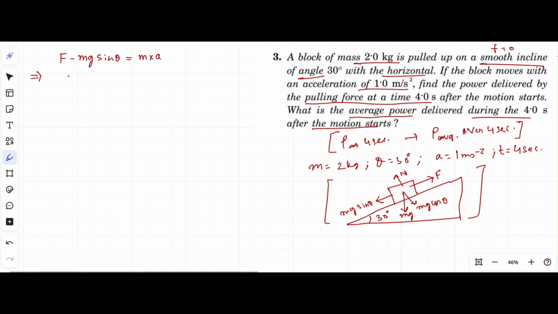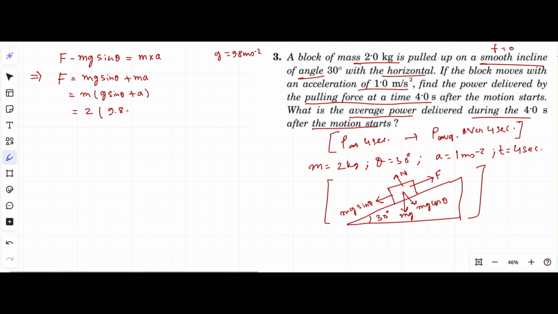Now what is this F? We can write F is equal to mg sin theta plus ma, which is equal to m into g sin theta plus a, which is equal to m is 2 into g. For this let us take g is equal to 9.8 meter per second square.